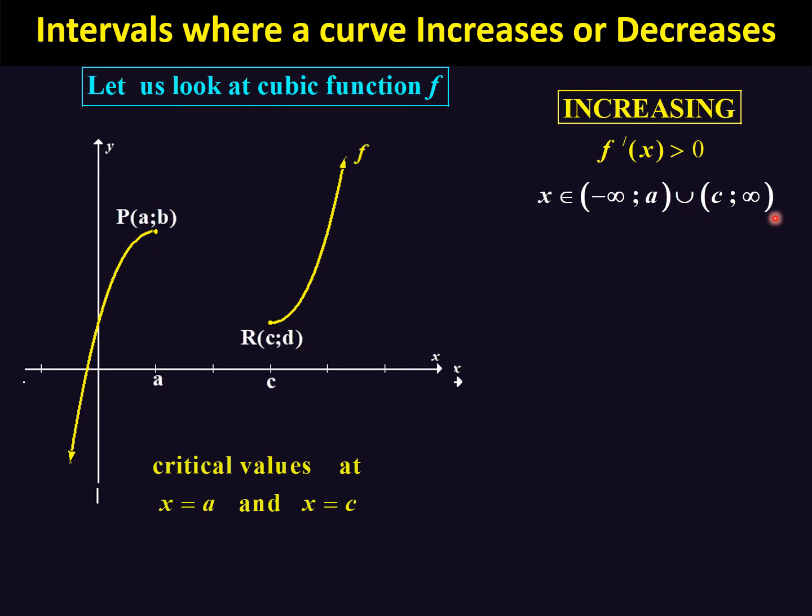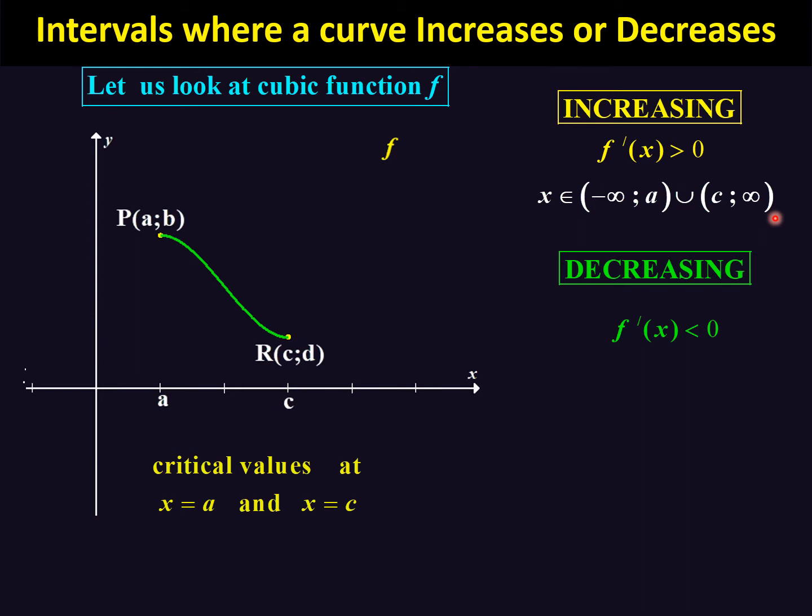Let's look at the decreasing portion. There we have the decreasing. See, I've color-coded it as well. That's the green part there. So it decreases from that critical value to that critical value, and it's quite easy to write in interval notation: from A to C, right? A is excluded and C is open there.